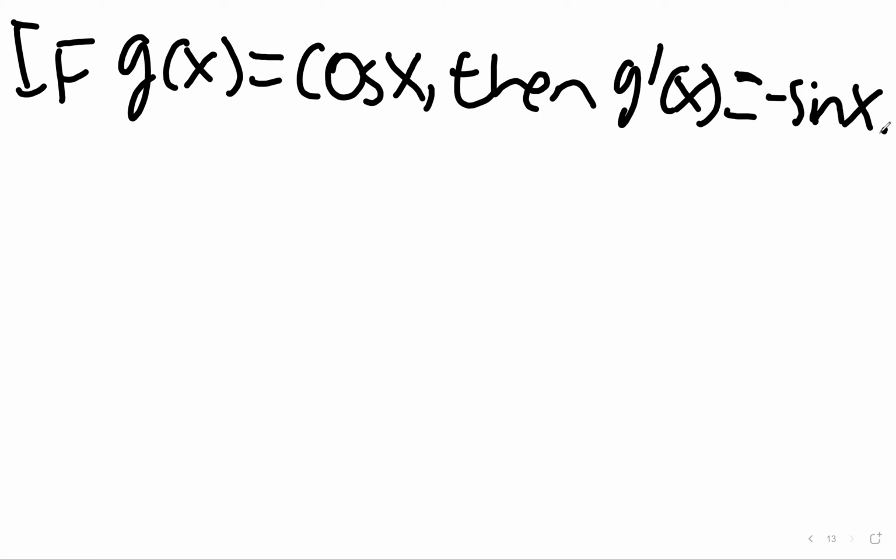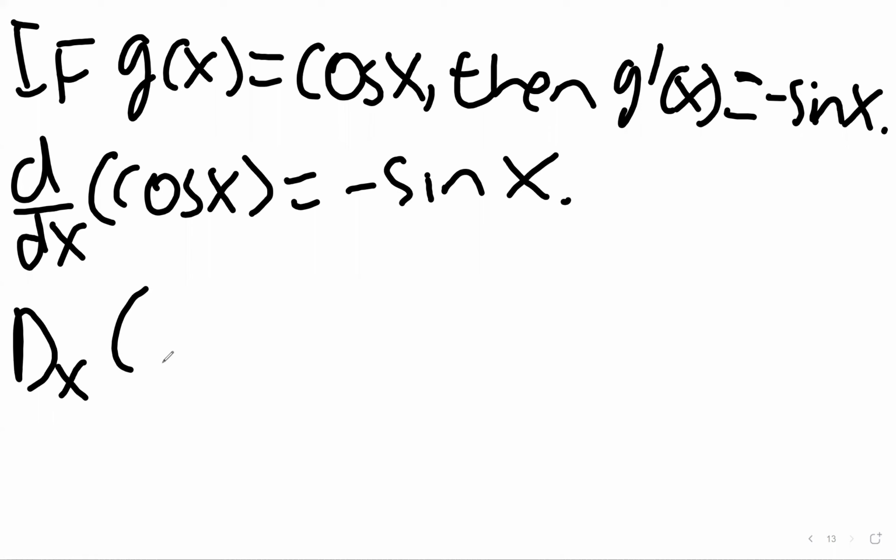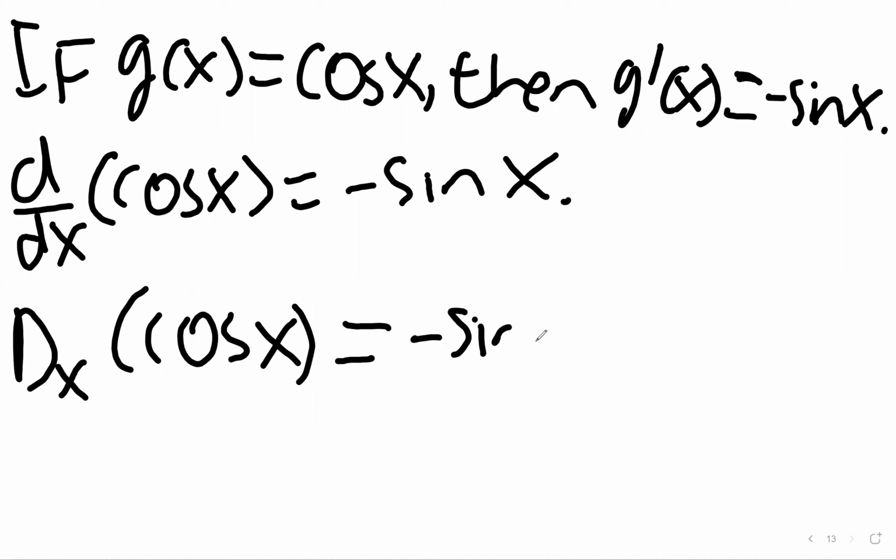The same applies if we use other notations. For example, the Leibniz notation, d/dx of cosine of x equals minus sine of x, or if we use the differential operator notation, D_x of cosine of x equals minus sine of x.